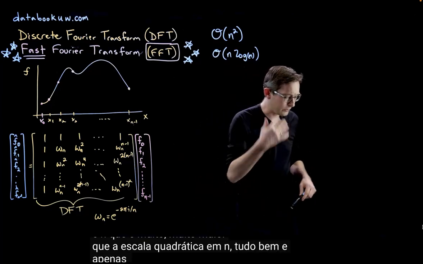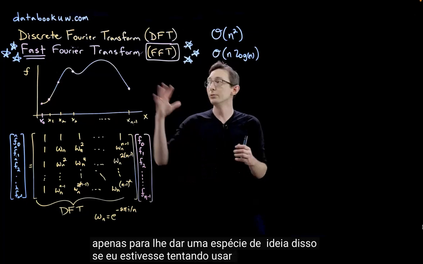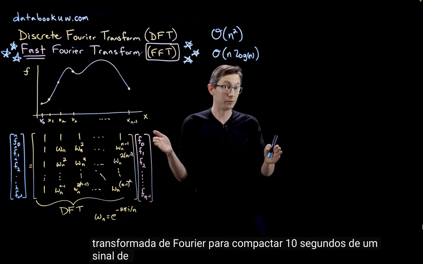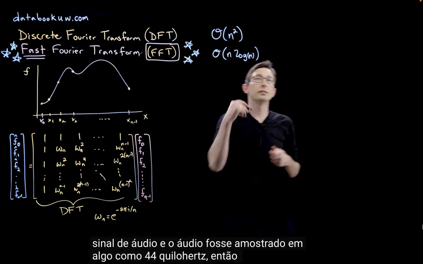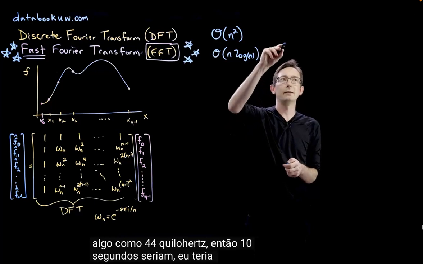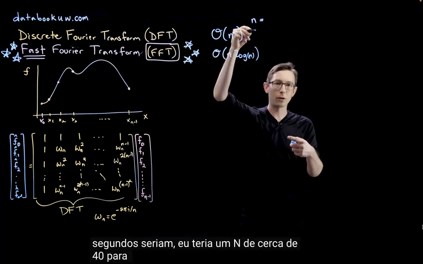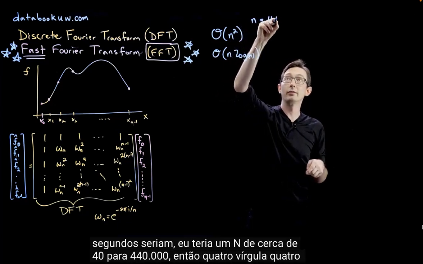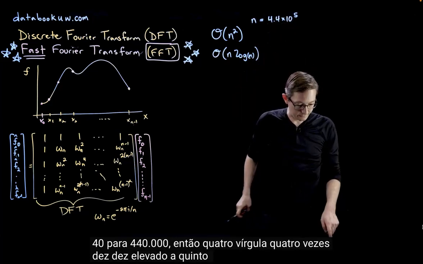And just to give you an idea of this, if I was trying to use the Fourier transform to compress 10 seconds of an audio signal, and audio is sampled at something like 44 kilohertz, then 10 seconds would give an n of about 440,000, so 4.4 times 10 to the fifth.